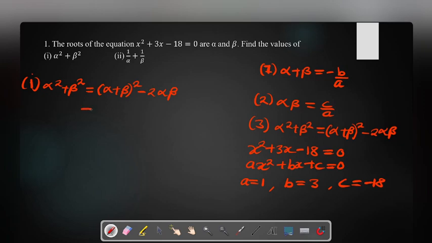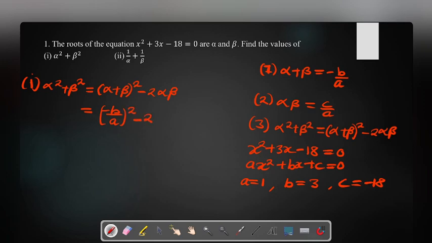Inside the brackets we have alpha plus beta, which is our first property. So inside the brackets we substitute negative b over a, and we maintain the power.